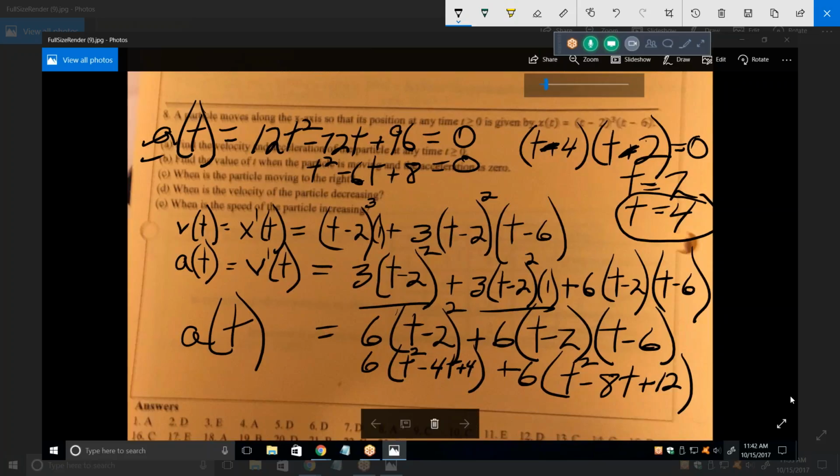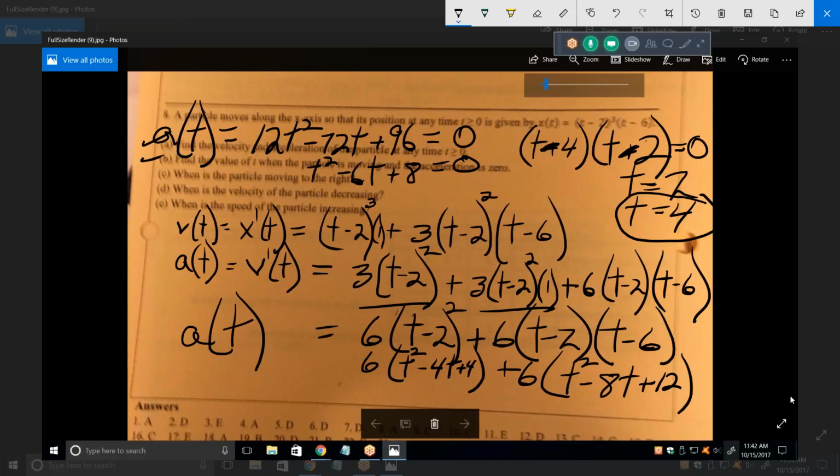Jeez. I know. Okay, so when is the particle moving to the right? When the velocity is what? Positive. Correct.